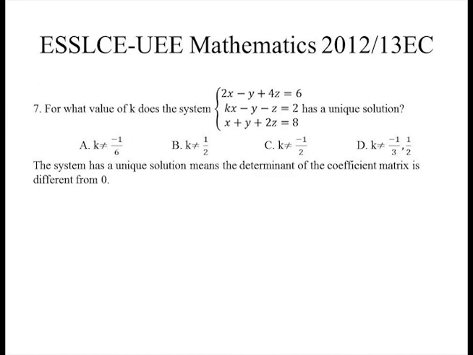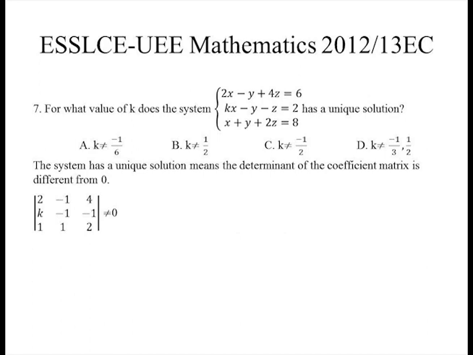So the determinant of the coefficient matrix is a 3 by 3 matrix having elements of first row, that's the coefficients of the first equation, 2, negative 1, 4. Elements of second row, the coefficients of the variables in the second equation, k, negative 1, negative 1. Elements of the coefficients of the variables in the third equation, that's 1, 1, 2, different from 0.